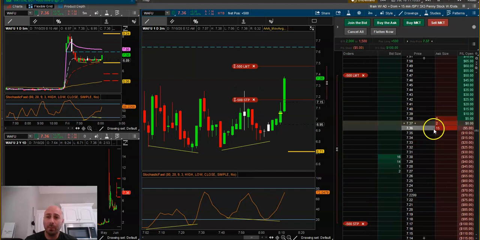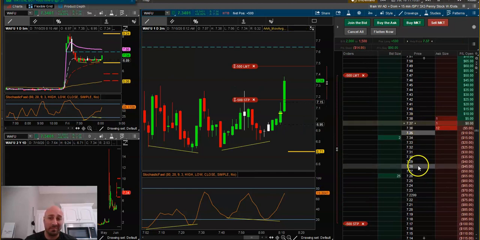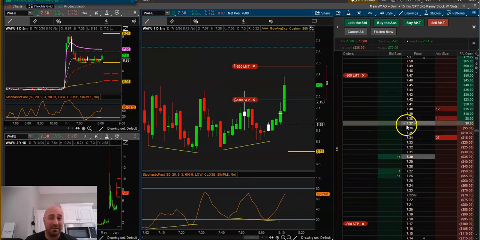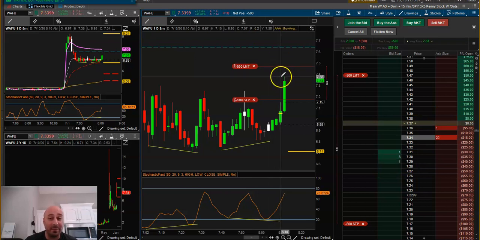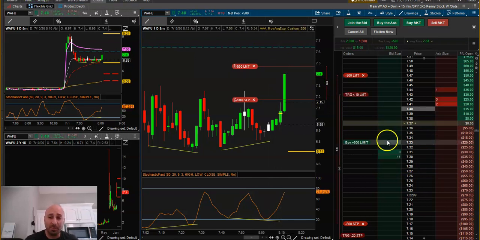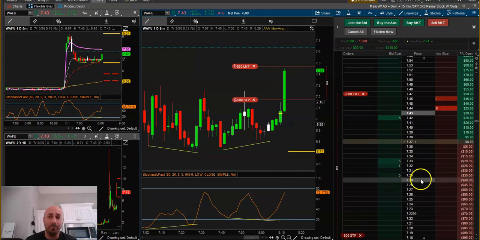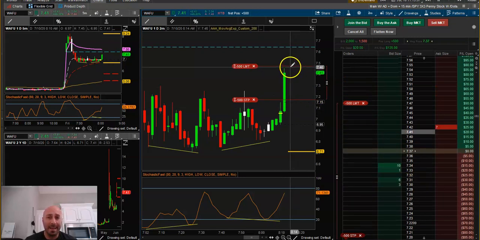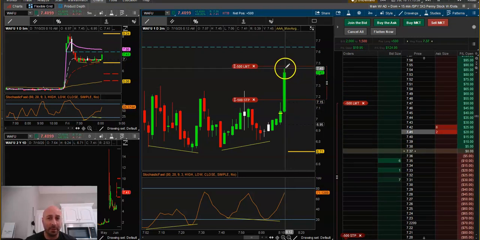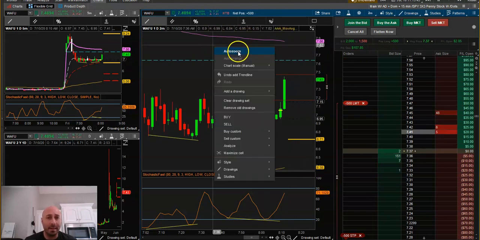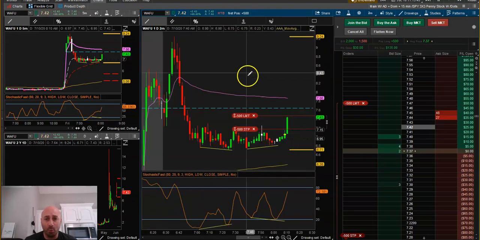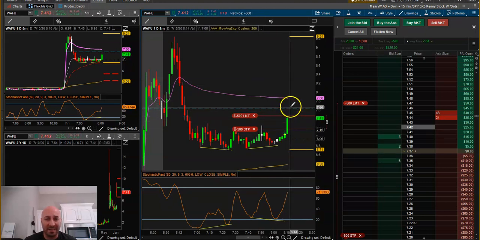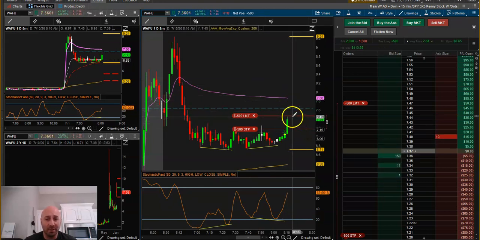So I entered at 31, didn't get filled till 37. A lot of slippage, but look at the spread on this, right? But looking for a 10 cent target at 47, and we're looking for the momentum to carry on higher.